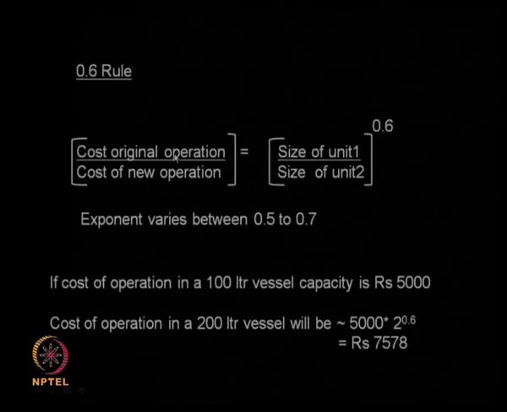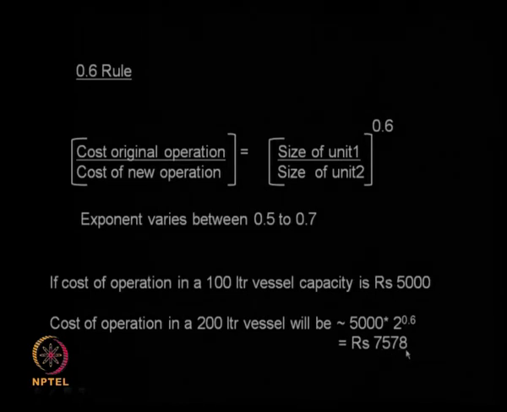So original operation is 5,000, original vessel size is 100, new vessel size is 200, so cost of new operation I can calculate like this: 5,000 into 2 raised to the power 0.6, 2 comes because of 200 by 100, so it comes to 7,578.